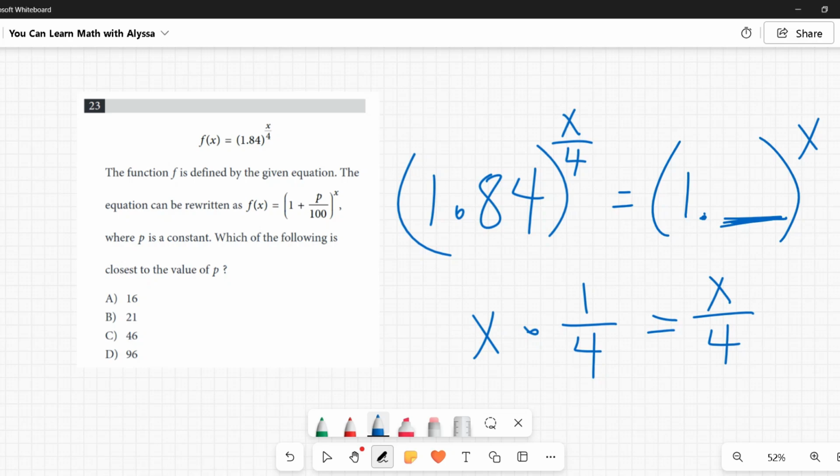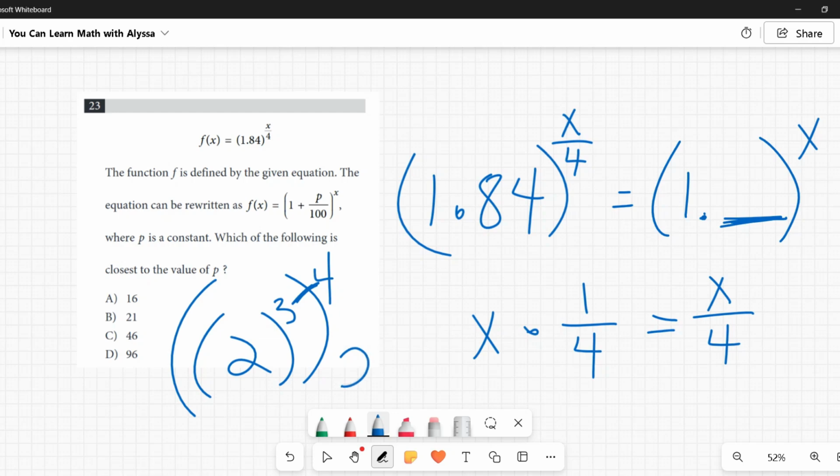So why would we do this? Because there is an exponent rule that says it's the power to a power rule. Let's say if I had 2 to the power of 3 to the power of 4, I can multiply those together. Power to a power, 2 to the power of 12. It is the same thing. That's what they're wanting you to make that connection. Wait a minute, power to a power.